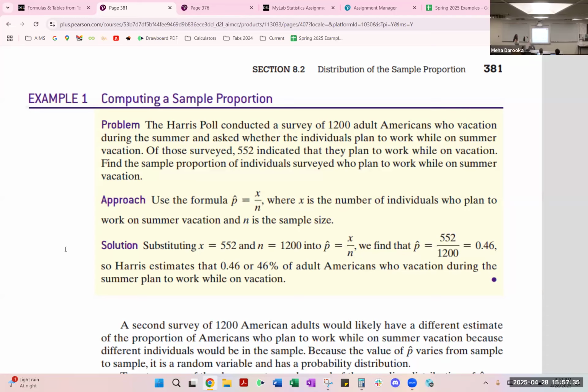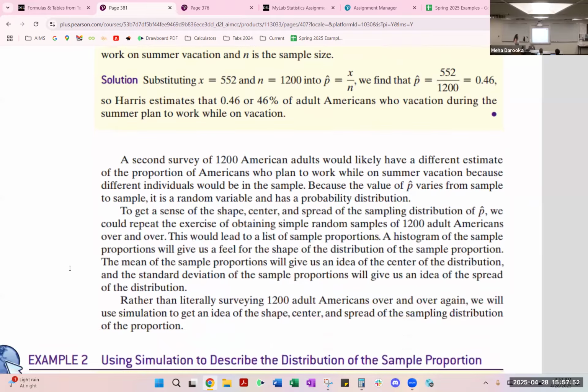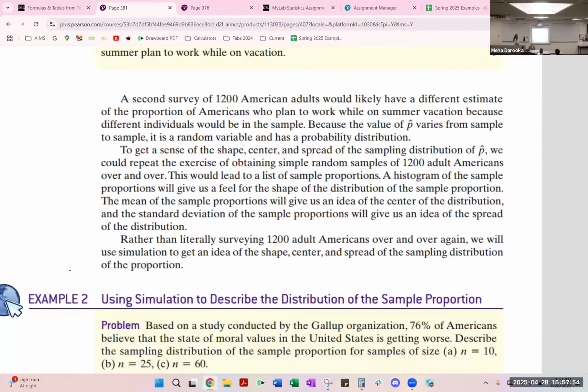So you can see p hat is literally 552 divided by 1,200, which of course comes out to be 0.46. And that's going to be your estimated proportion here of 46%, or 0.46, of people who plan to work on vacation.